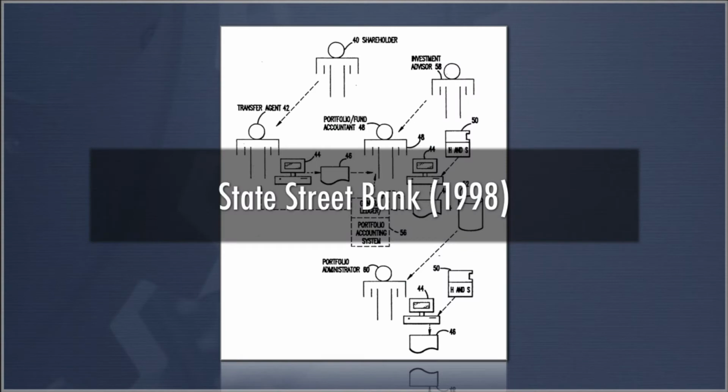So State Street Bank comes in about 10, 15 years after Alappat, right? And State Street Bank is a hub and spoke accounting system, right?